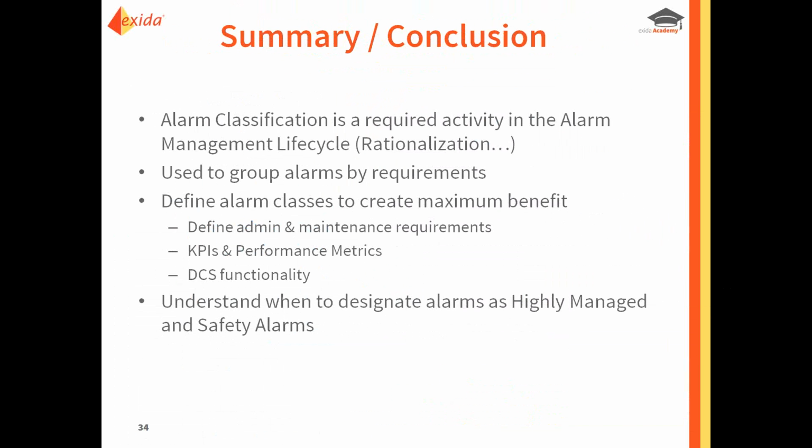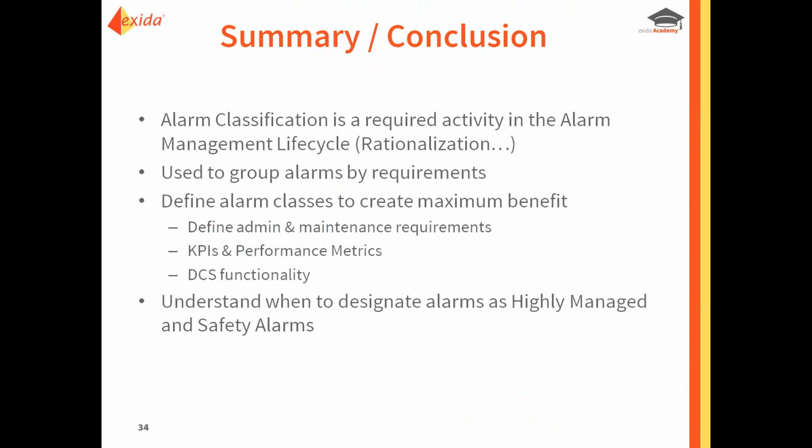So now, bringing us to the end of this webinar and looking at what we've talked about and what we've learned. Alarm classification, despite some in the industry who think it's not a necessary task, that it's not beneficial, is a required piece of information that is defined in the ISA 18.2 and IEC 62682 standard.